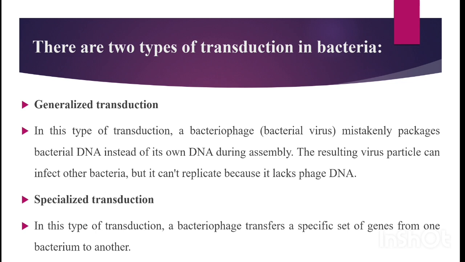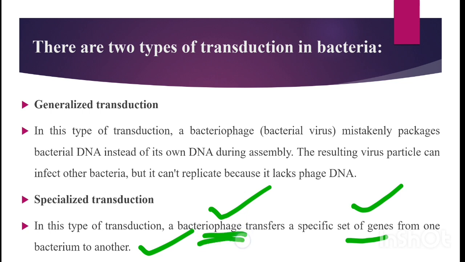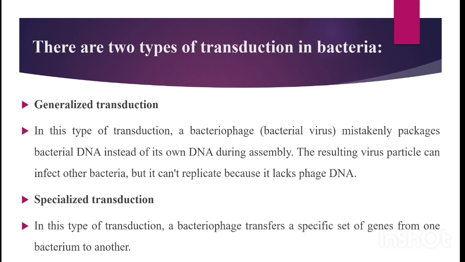In this way they finally break the bacterial cell and are released into the environment. The next one is specialized transduction, where some bacteriophages transfer a specific set of genes from one bacterium to another. That is the case of specialized transduction, where the bacteriophage transfers a specific part of the genes of one bacterium to another.